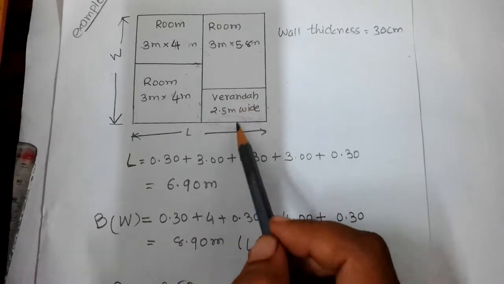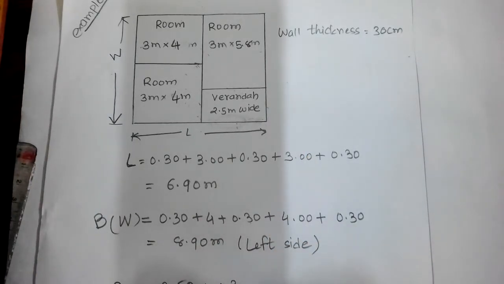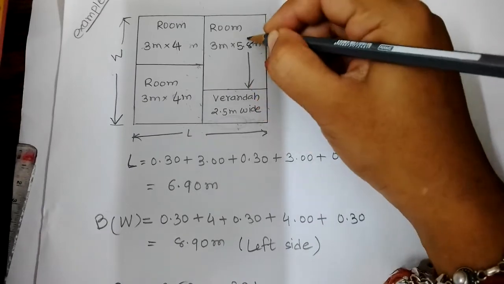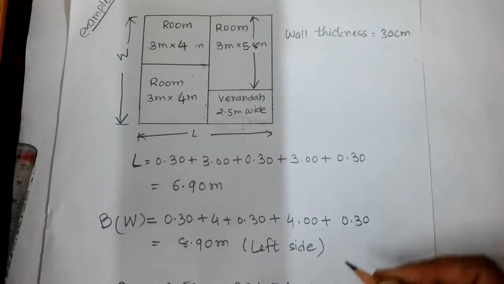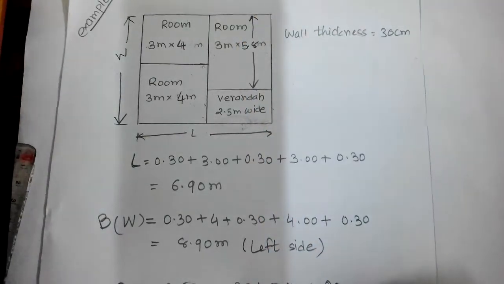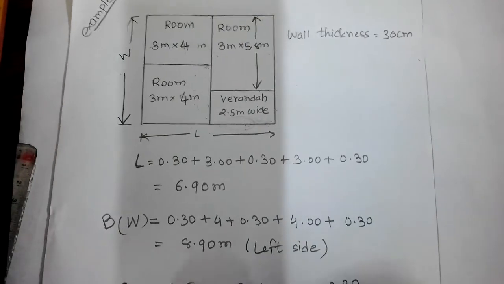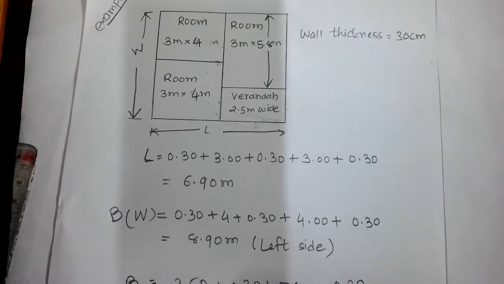Okay, so 2.50 meter plus this wall 0.30 plus this width is here, this width is 5.80, then last one 0.30 meter. So total would be 8.90 meter on right side.